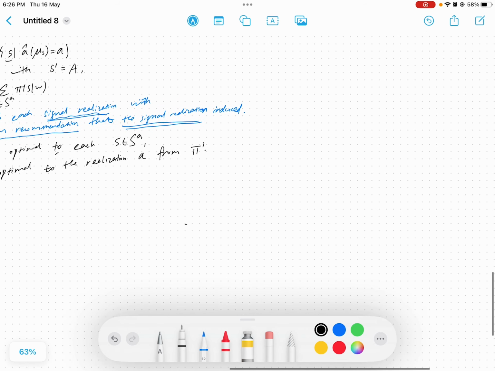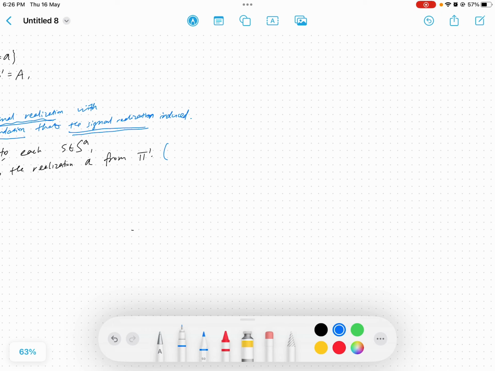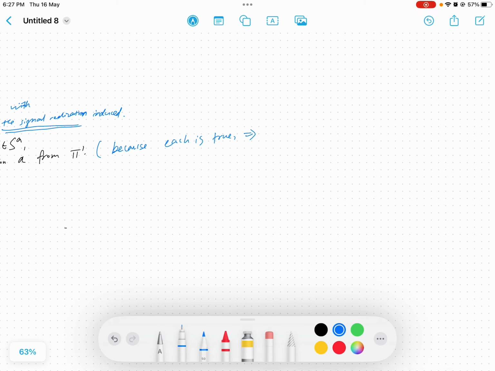Okay, and the reason, let me put some comments. This is because each is true, so when we sum them up together, this is also true. This is a very brief explanation, but not very rigorous, just an intuition.